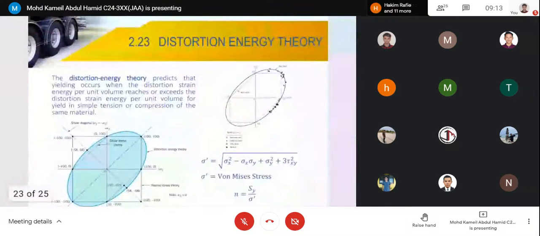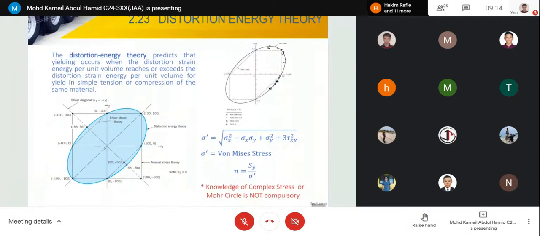Then this is another theory, the distortion energy theory. In distortion, they have the equivalent stress, sigma prime. The distortion energy theory predicts that yielding occurs when the distortion strain energy per unit volume reaches or exceeds the distortion strain energy per unit volume in simple tension.